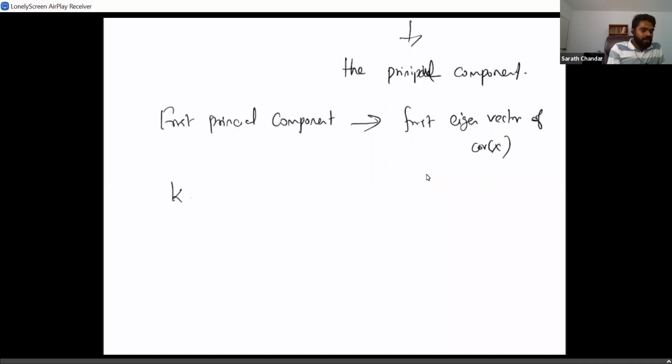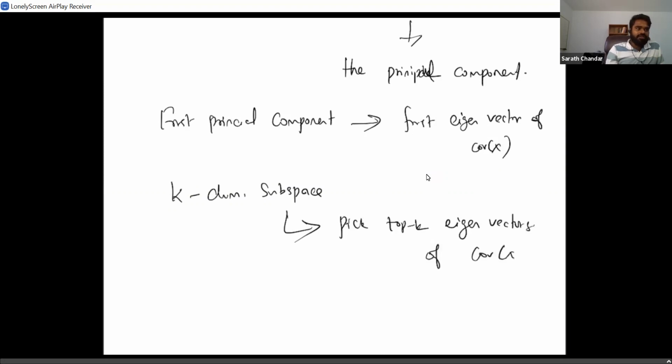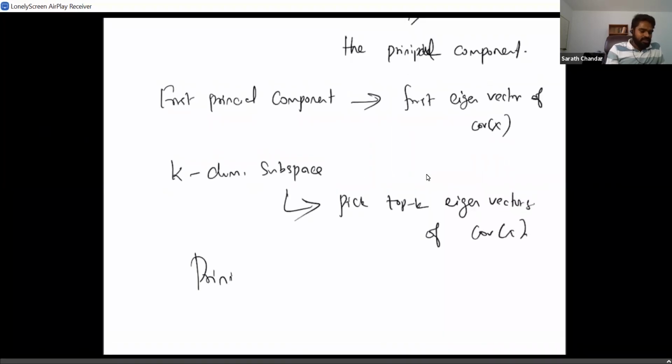If you want to find the k-dimensional subspace that captures maximum variance, then you just pick the top k eigenvectors of the covariance of X. Now this algorithm is known as principal component analysis, or PCA.